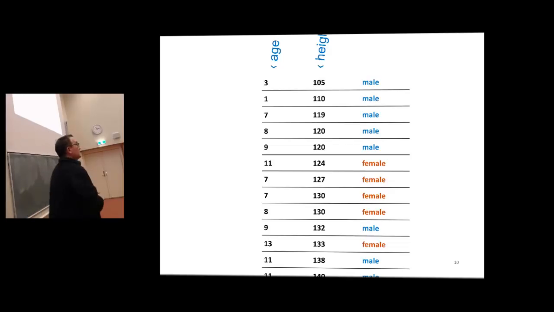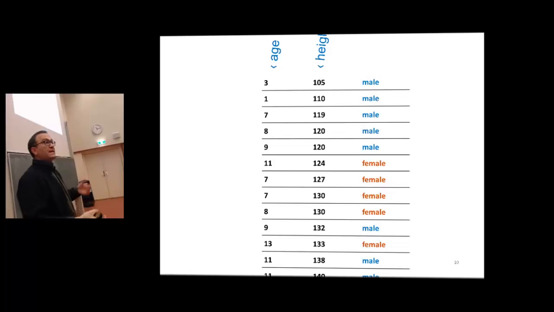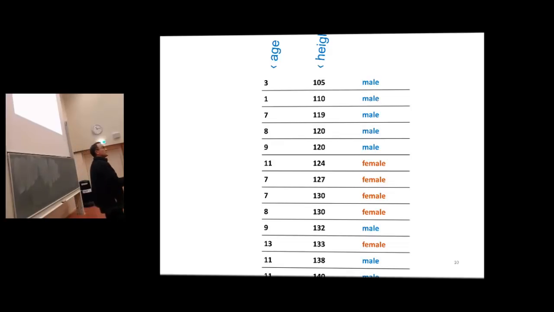And this is the data set from yesterday that we've seen, where we more looked at finding a curve. This is the same data set now with some age and some height and some class, whether it's male or female.